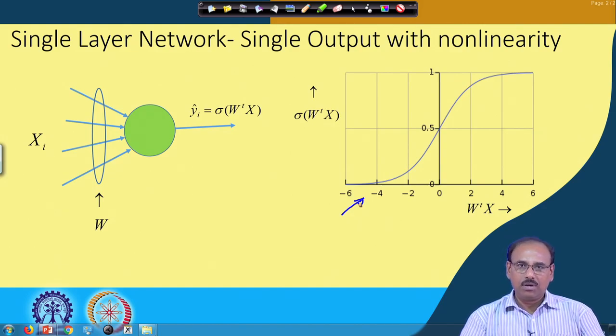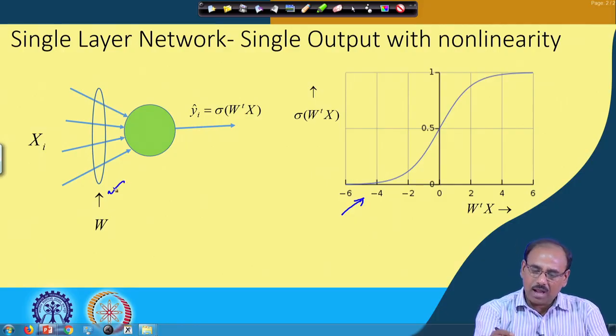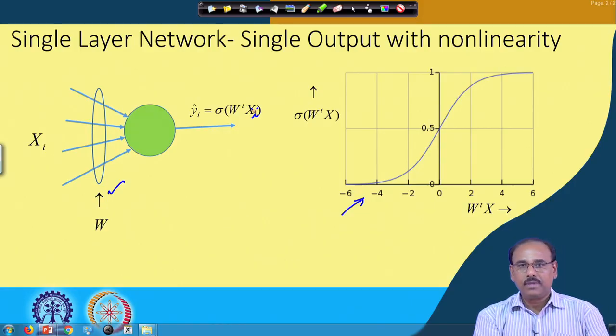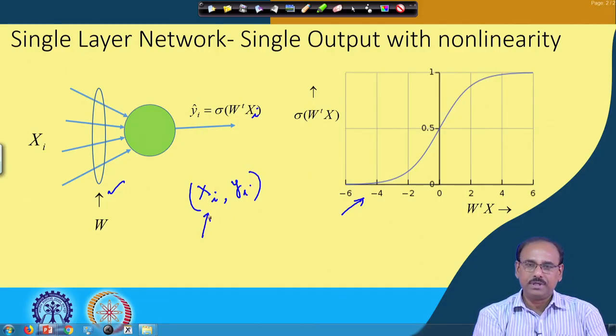For such a network, the output of the neuron is given as y_i hat equal to sigma of w transpose x, where w is the weight vector at the input side of the neuron and x_i is the input vector. For training, we obtain the training vectors as ordered pairs x_i, y_i, where x_i is the feature vector and y_i is the class to which this feature vector belongs.